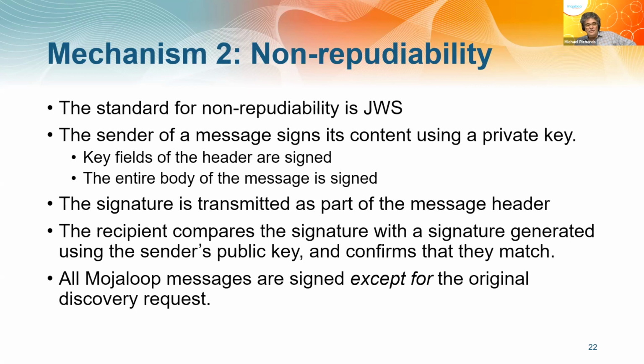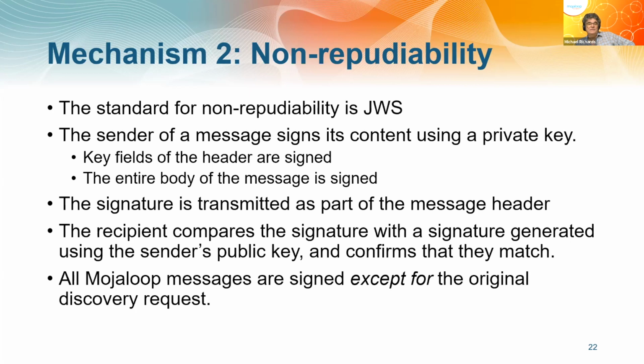Now, all Mojaloop messages are signed in this way, except for the original discovery request. And the reason the discovery request isn't signed is because at the time it's sent, the sending institution doesn't know what the recipient will be. The recipient is added by the switch. And therefore, you can't use JWS because it would appear that the message has been tampered with.